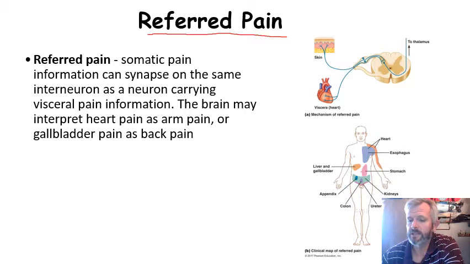Pain elicited from damage to an organ or disease in the organ, or so forth. Anything that would cause pain in one of the organs possibly might cause pain in different regions of the body cutaneously. You can see the stomach sits here.